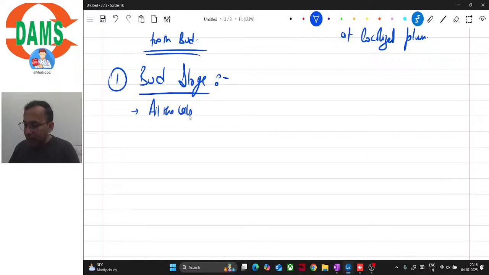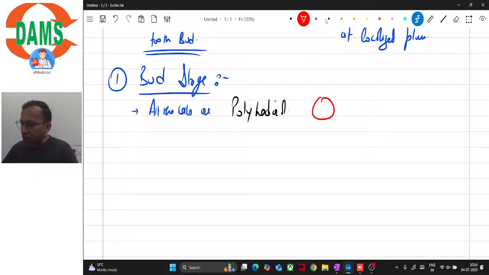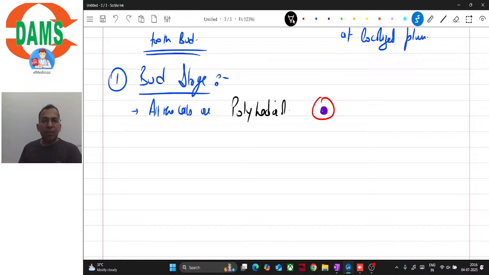All these cells are polyhedral, that is, they are all almost round. They don't have any distinct shapes. We don't have distinct cells like inner enamel epithelial cells, outer enamel epithelial cells, stellate reticulum or stratum intermedium. All the cells are alike and they are all polyhedral.